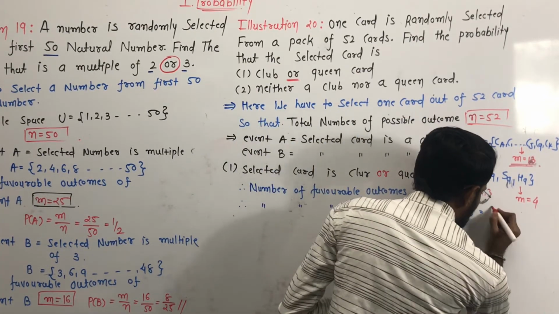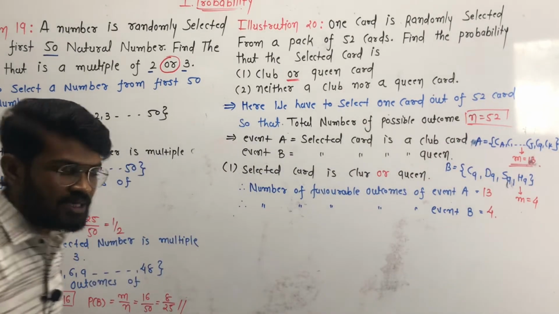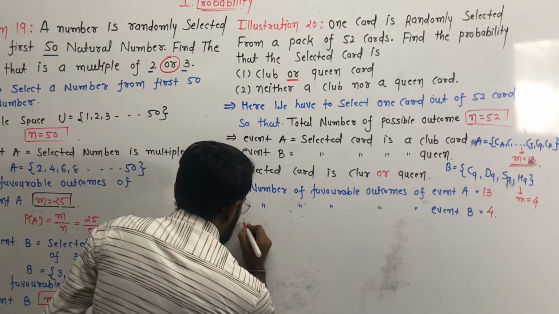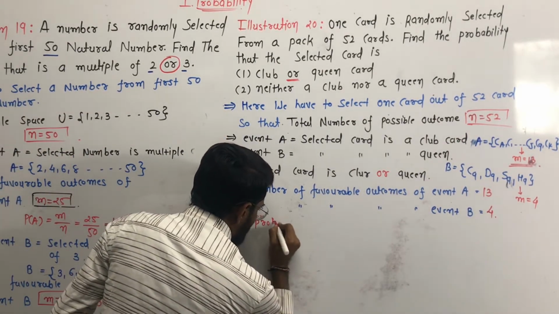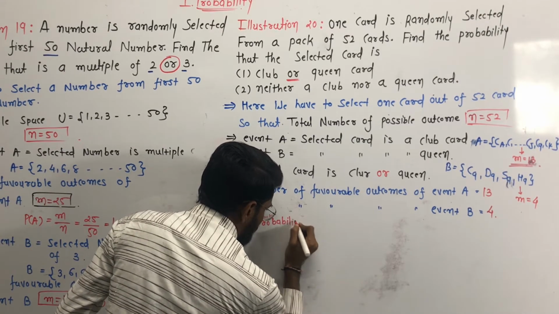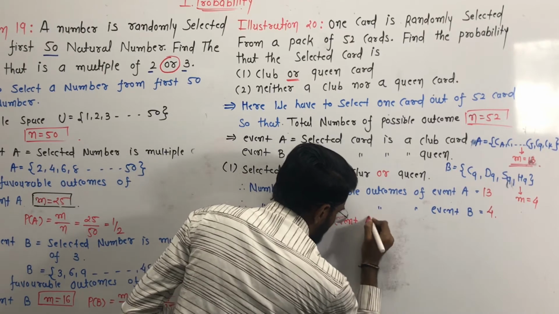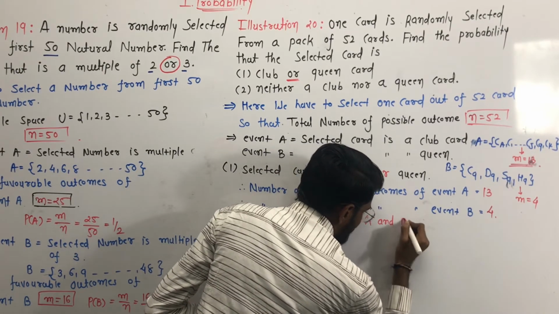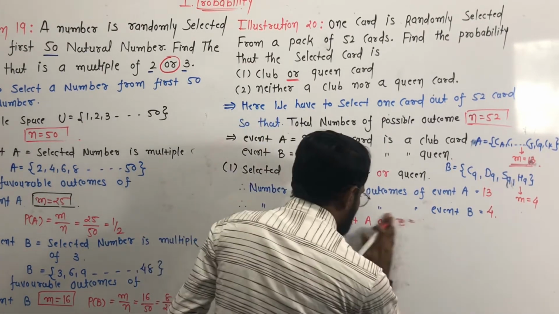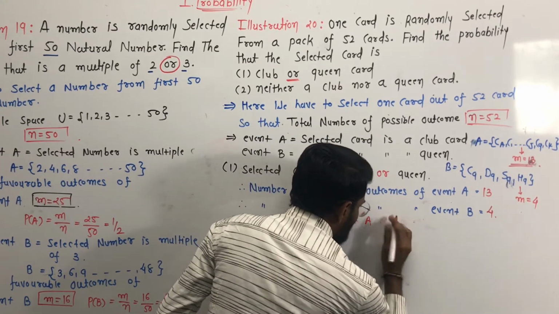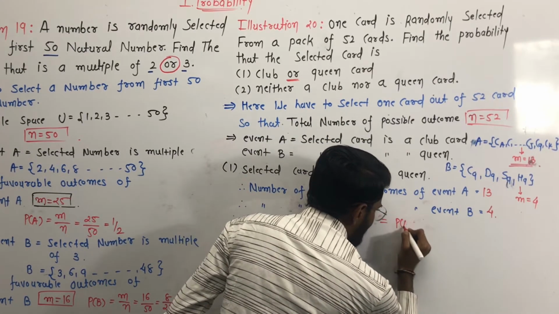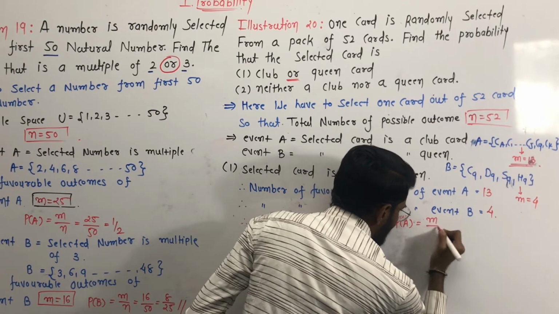Now we can find the probabilities of events A and B. The probability of event A is P of A equal to m by n.